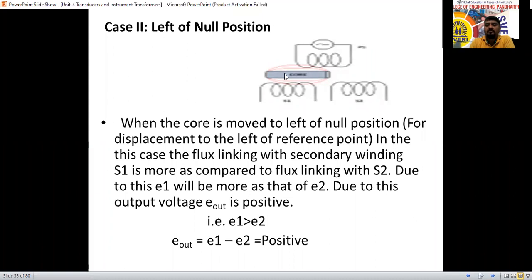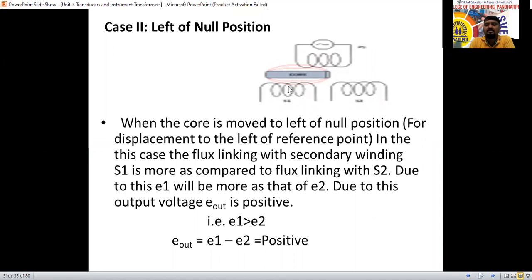The core inside is not at the center. We have moved it to the left side. Because the core is on the left side, the maximum flux linkage is connected to S1.